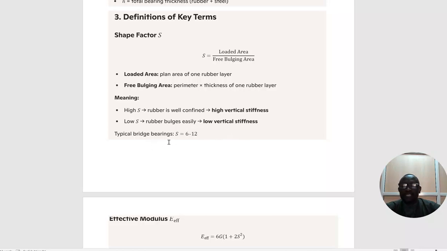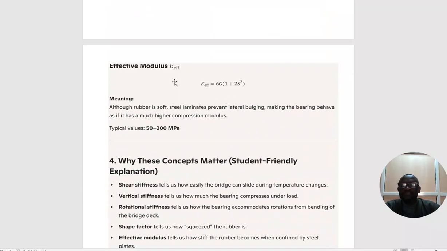For a typical bridge bearing, S is between 6 and 12. The effective modulus EF is given by this formula, meaning although rubber is soft, steel laminates prevent lateral bulging, making the bearing behave as if it has a much higher compression modulus.